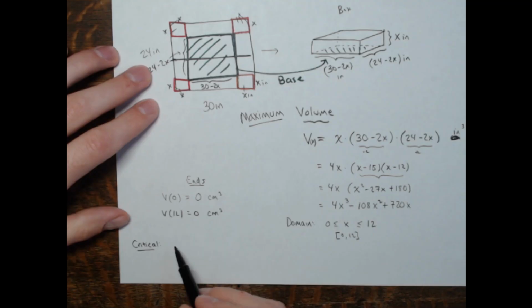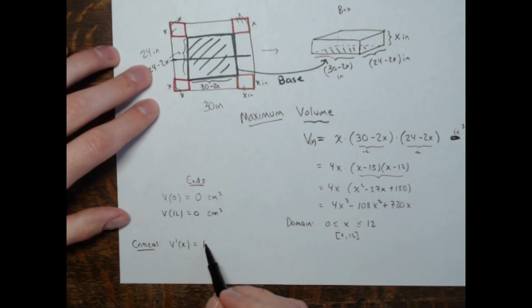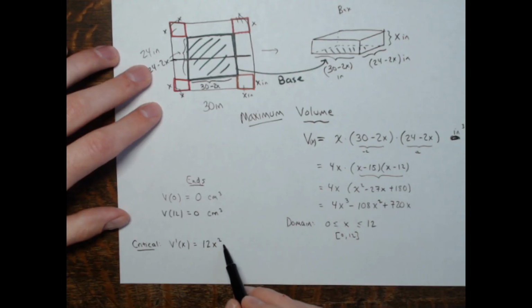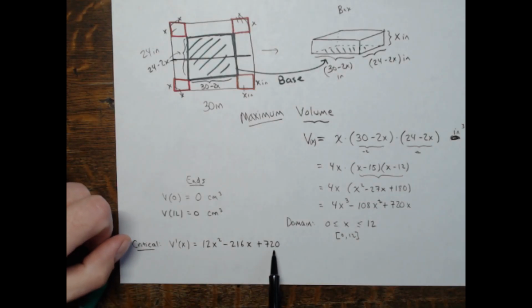So that's why I multiplied it out here to make V prime. Go term by term here, that'd be 12x squared minus 216x plus 720. And then each of these is a multiple of 6.